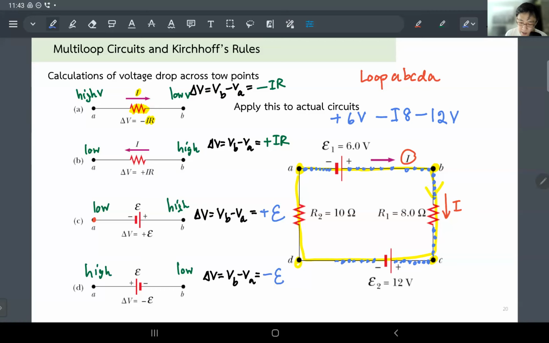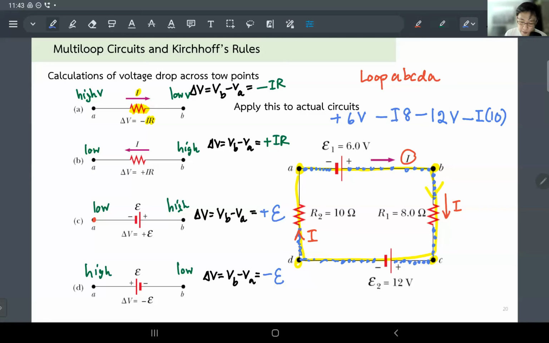Turn. Now you hit R2. At R2, the current is flowing in the same direction as your analysis right now. So you are going along with the flow, toward the lower potential. So over here it is going to be negative I times 10.